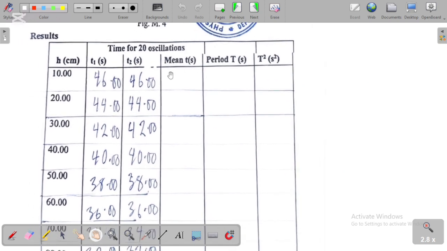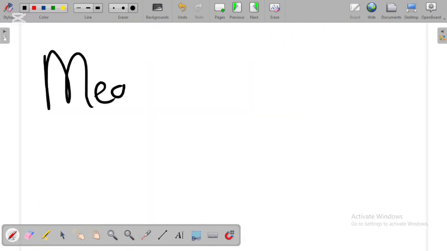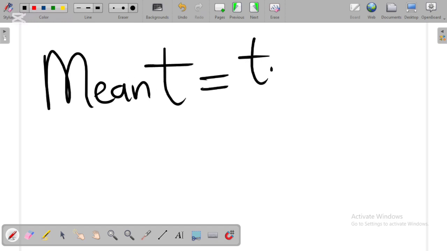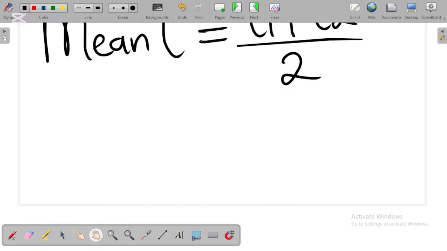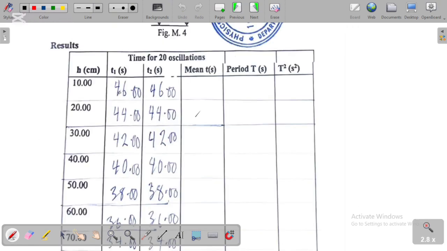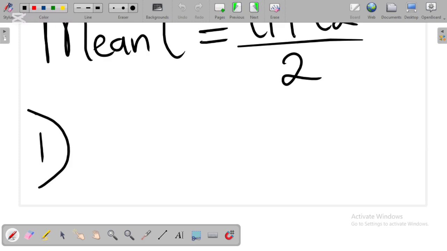So how do we find the value of mean t? Mean t is equal to t1 plus t2 divided by what? Divided by 2. So for the first one, let's find the mean t. We have 46.00 for t1 and 46.00 for t2.